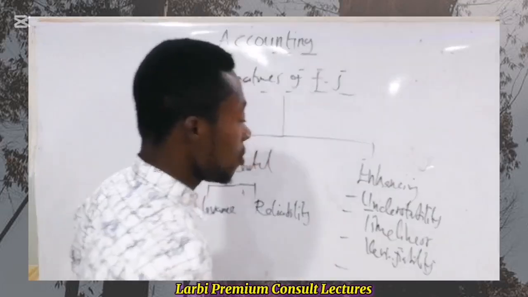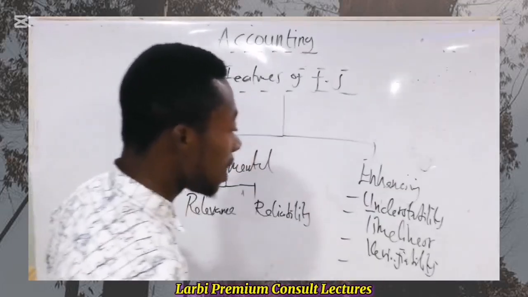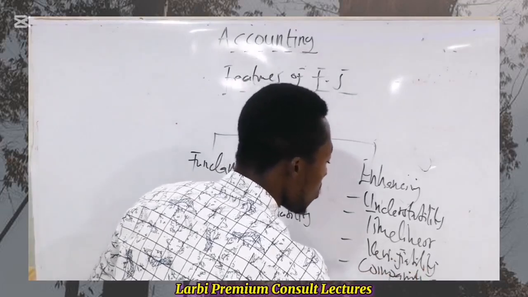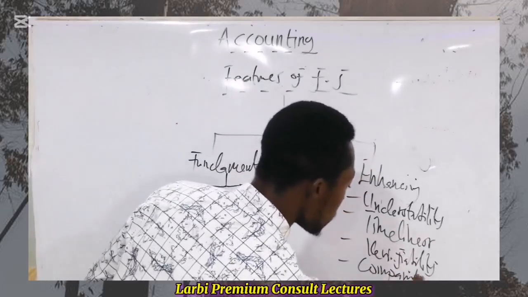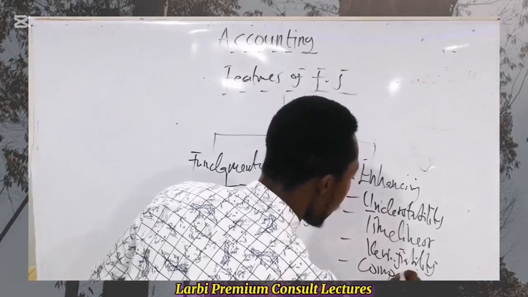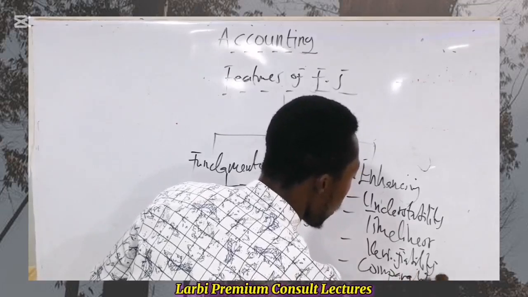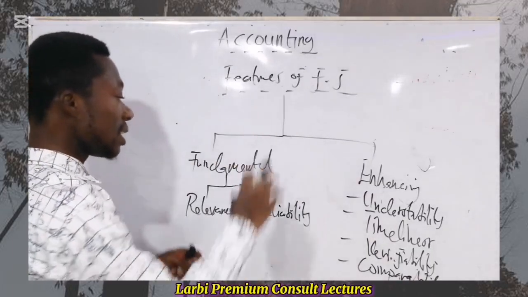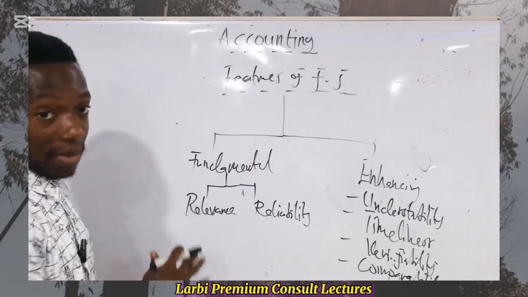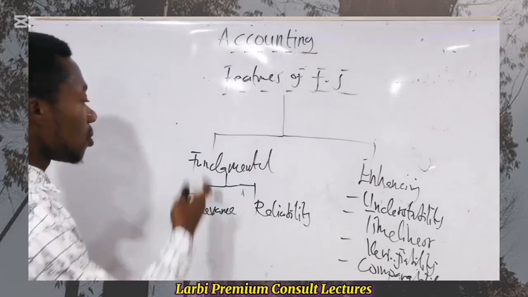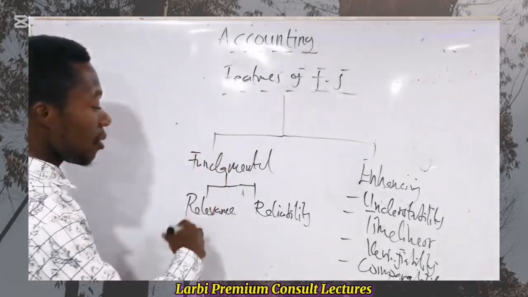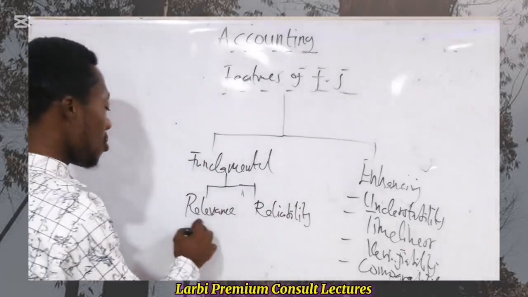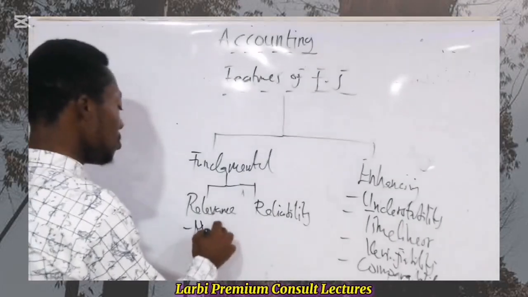Then 4, we have comparability. So that is for the enhancing, and that's for the fundamental. As we said, under the fundamental we have relevance and reliability. But under relevance, we have what we call materiality. We'll discuss that.